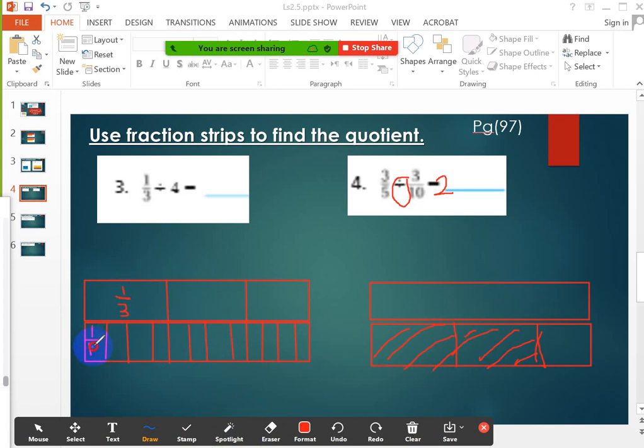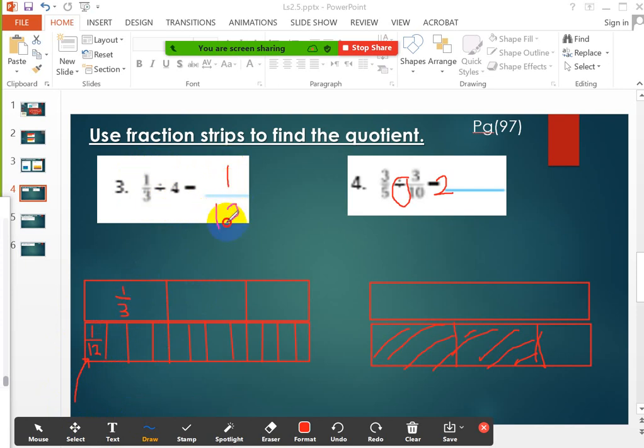And you know that when you divide a fraction by a whole number, the answer will be the amount in each part. That means the answer is 1 over 12.